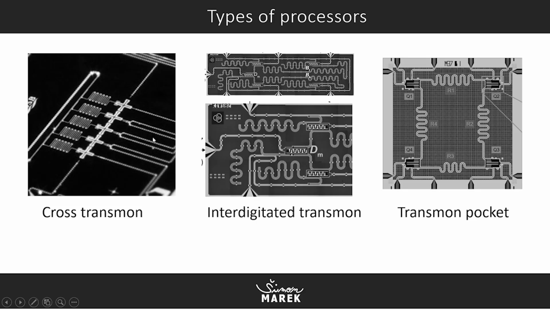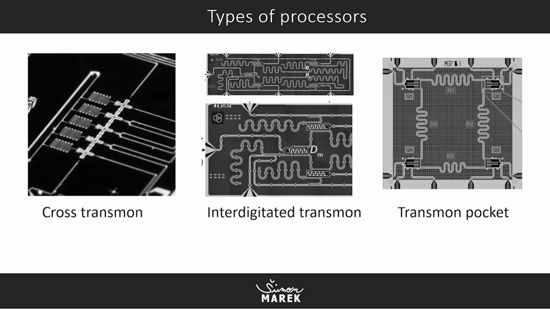Then we have the cross transmon, which was developed by Santa Barbara, I think, and Google uses it very often. There is the transmon pocket. There is some advantage for each qubit actually, but those are minor things like higher decoherence time, or more connection pins.